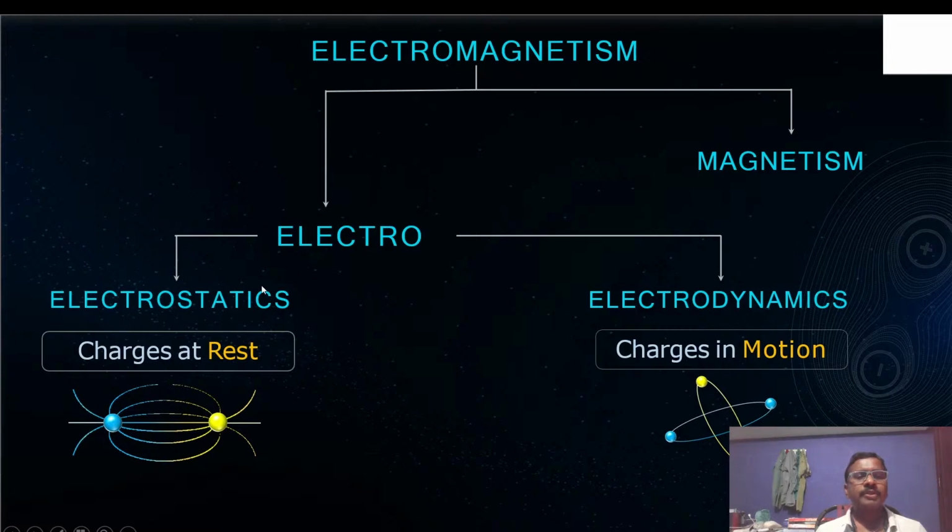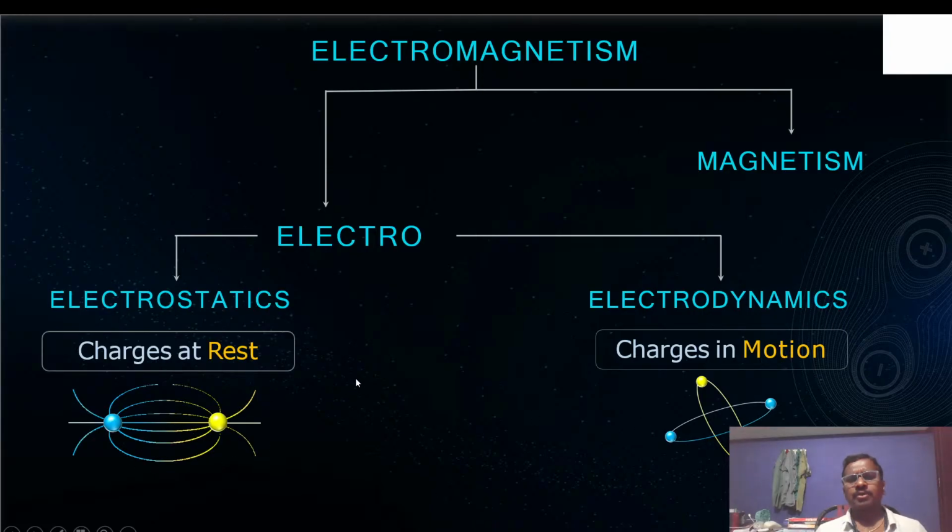We have to study the charge at rest, that is called electrostatics. The charge in moving condition is called electrodynamics. Static electricity, dynamic electricity. So the study of the charge at rest is called electrostatics, and the study of the charge in motion is called electrodynamics. This is important here.